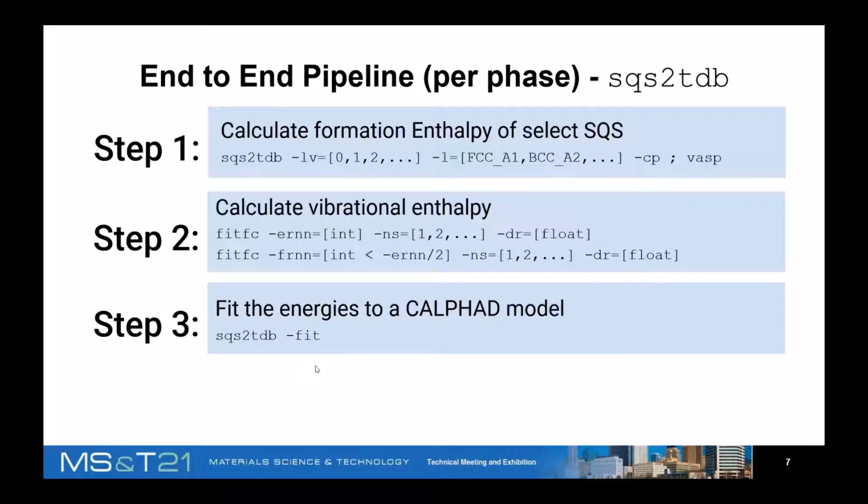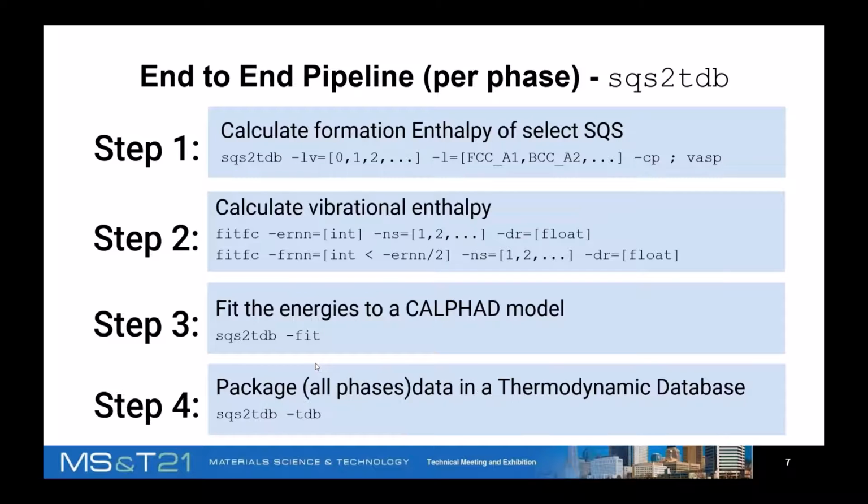Then, for each phase, we do the fit to find the expressions for the formation enthalpy of the phase in the form of A plus BT. And finally, we combine all the individual functions to a single thermodynamic database file while incorporating the necessary functions for the reference free energies as well.